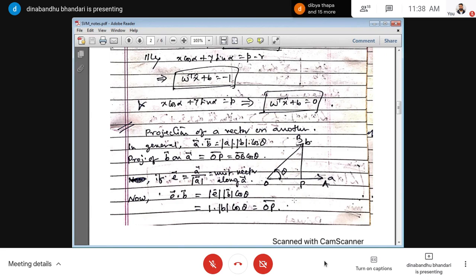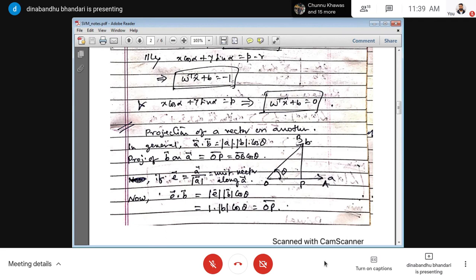Now you perform the dot product between E and B. E dot B will give you modulus of E, modulus of B cos theta. What is modulus of E? That is the unit vector in the direction of A, so it is 1 into modulus of B cos theta, that is OP.